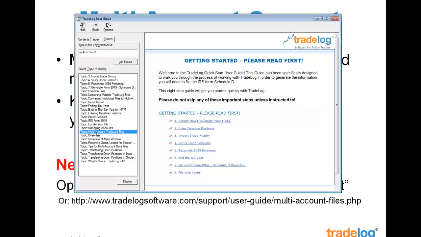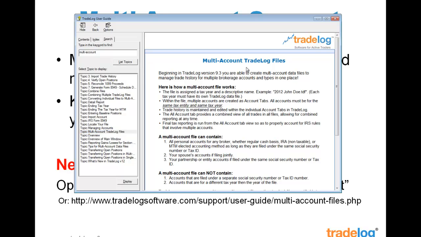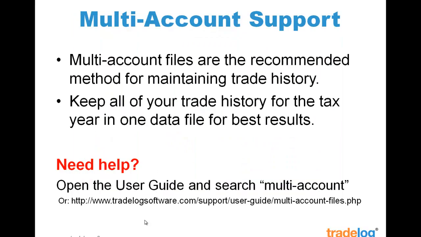But if you notice one topic, multi-account TradeLog files, this is the main topic that discusses how these files are set up, where there's also a link to instructions on converting if you maintained separate files last year. So that's available. You can also go to the website link we give here, which is the multi-account files link on our website directly.